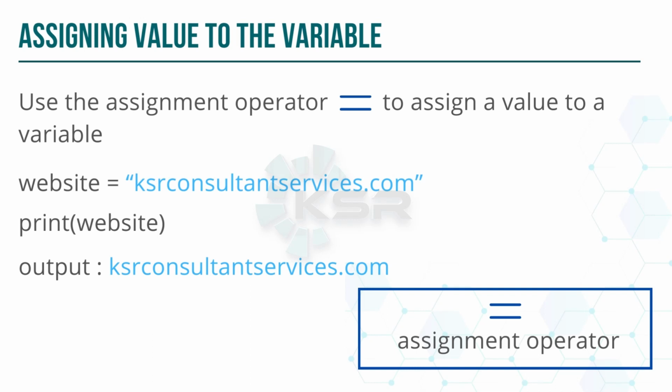In this case, website equals to ksrconsultantservices.com. If I do print of website, KSR consultant services gets printed. We have assigned a value to the variable website, and then we printed out the value assigned to website. That is it. So let us look at the same in Python.